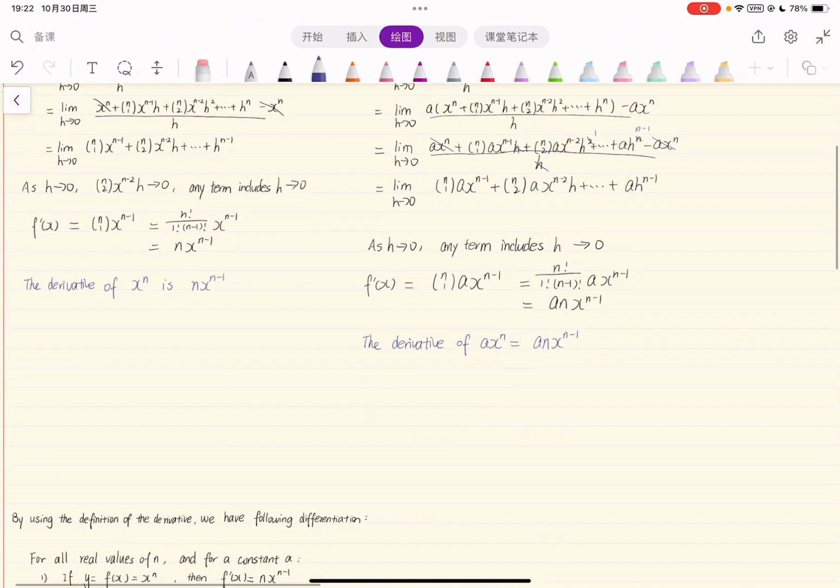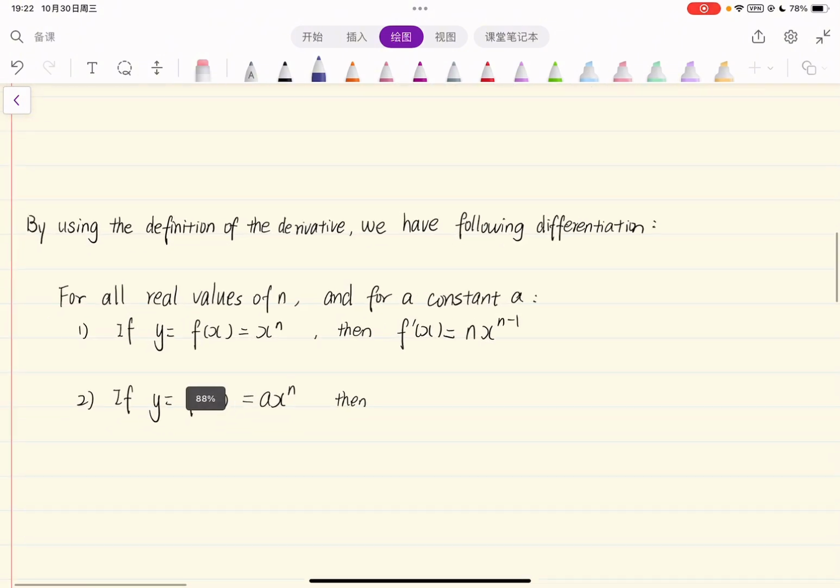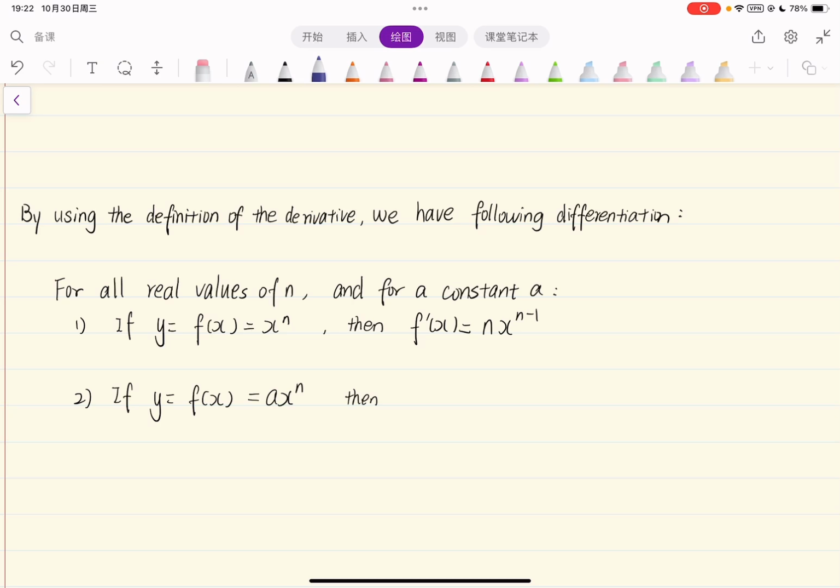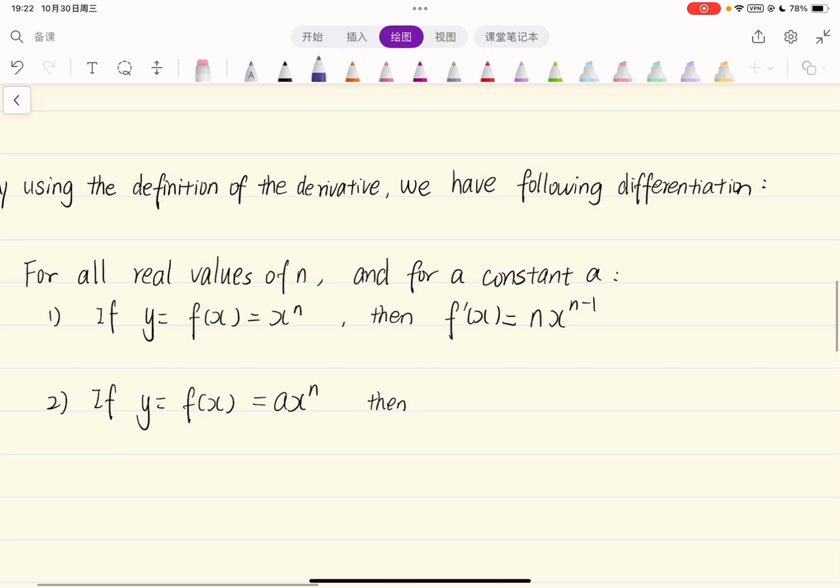So we have that for all real values of n and for constant a, if y equals f(x) equals x to the power of n, then the derivative f'(x) equals n times x to the power of n minus 1. If y equals f(x) equals a times x to the power of n, then the derivative f'(x) equals a n x to the power of n minus 1.